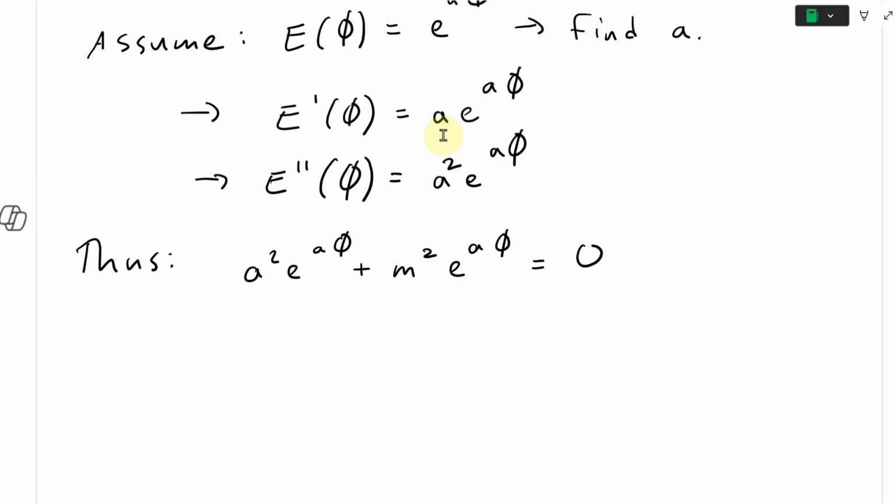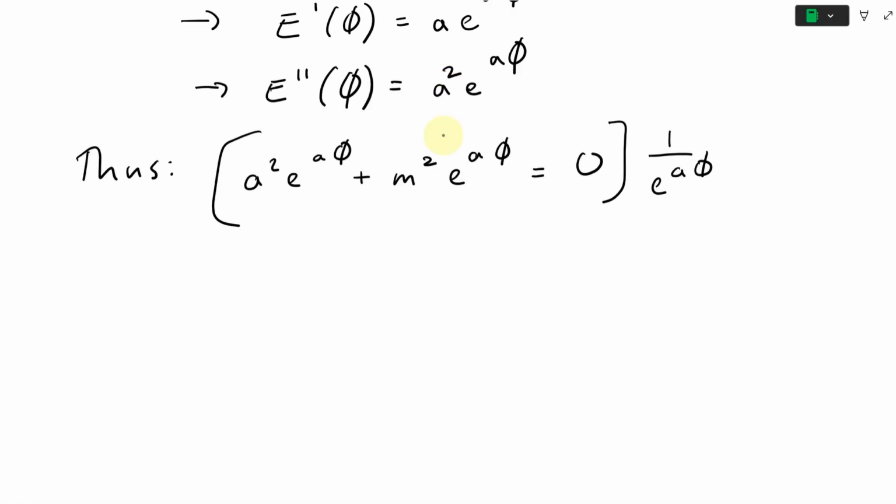All right, now the next step is, I'm going to divide both sides by e to the a phi. The right side 0 doesn't change anything, and what ends up happening is these just cancel. So we're going to get a squared plus m squared equals 0.